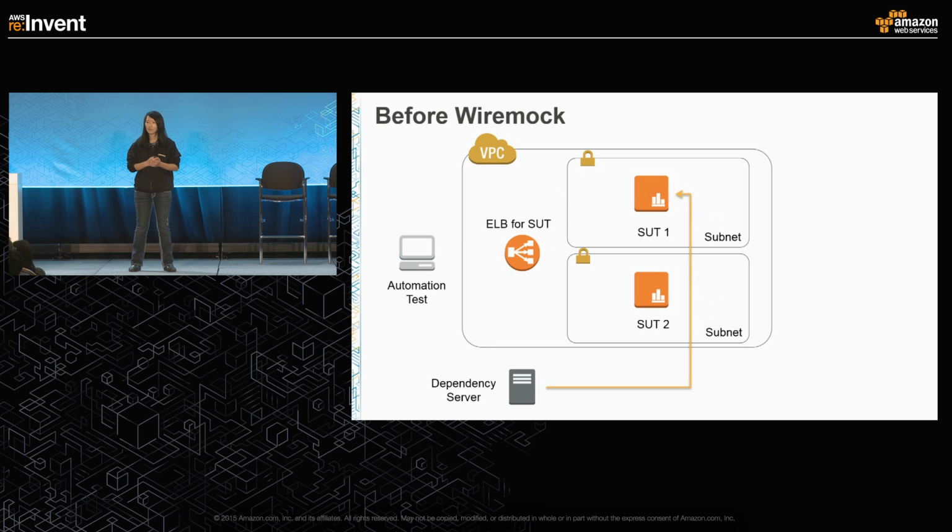And after the SUT gets back the response from the dependency server, it's going to construct the appropriate response and flow back to the automation task for validation. So our challenge, potentially your challenge, is that the dependency server is down or buggy. Then our task will fail. And that is not what we want. So here's where we bring in Wiremock.